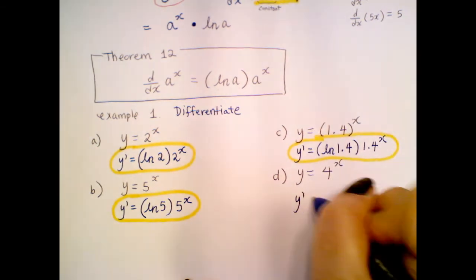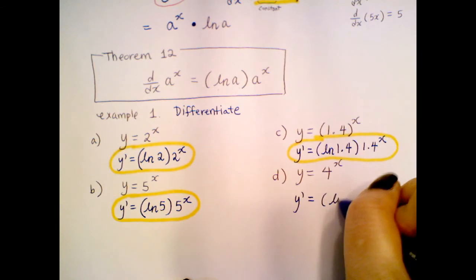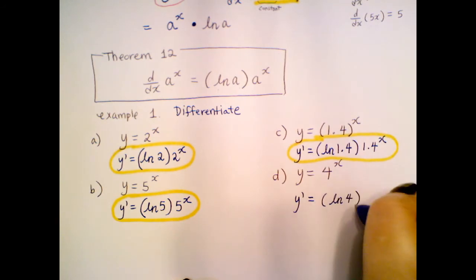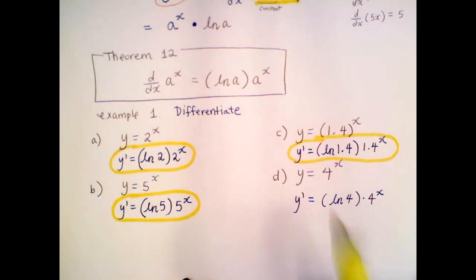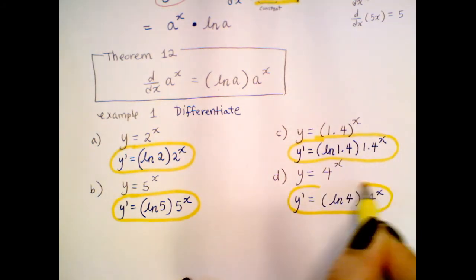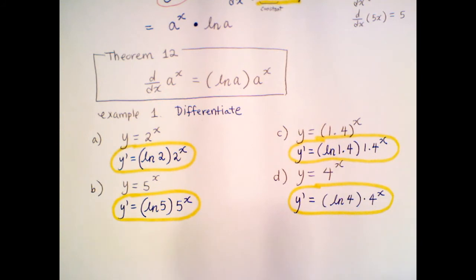If y is 4 to the x power, then y prime is going to be natural log of 4 times 4 to the x power. And that's enough of the one-step straightforward examples, completely based on theorem number 12 and what we just proved together.